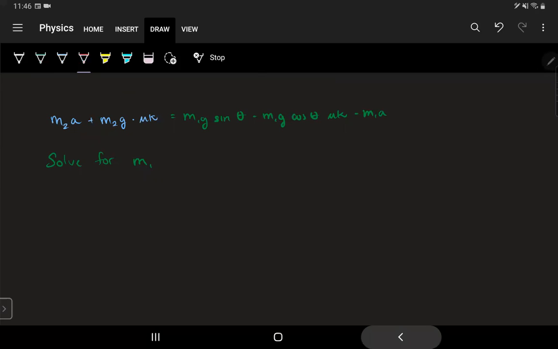And then I will give you everything else: a equals 5 meters per second squared, m2 equals 10 kilograms, mu equals 0.2, and theta equals 37. Given all this information, solve for m1. That is simply it.